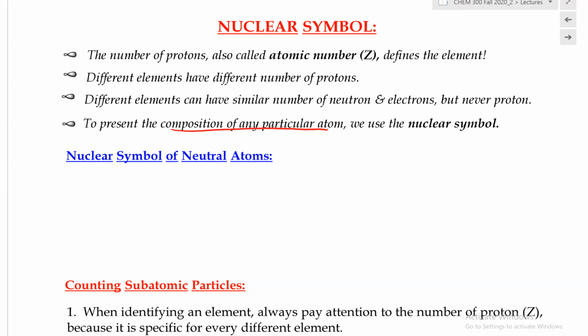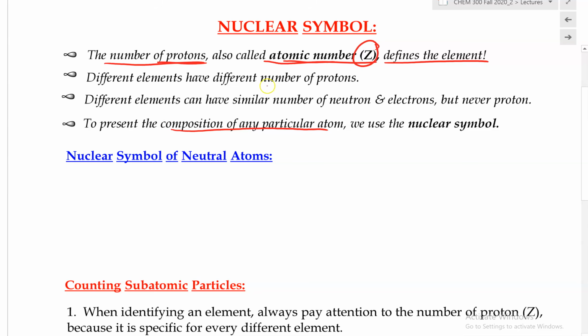And before we get going, it's important that we remember some of these properties. First, it is the number of protons, also called the atomic number. This number is abbreviated with the letter Z, and it defines the element. So again, the number of protons defines the element.